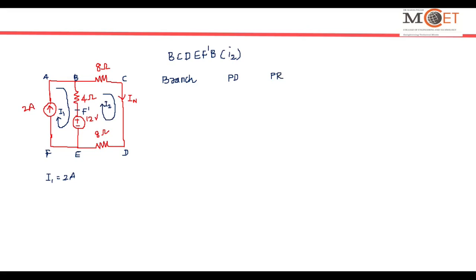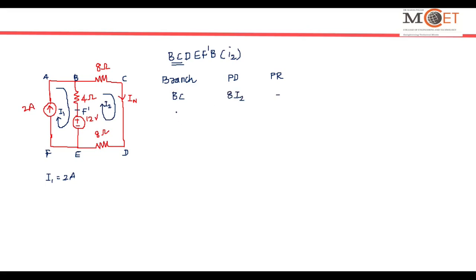Let me first take the BC branch. I am moving from B to C, and current is also moving in the same direction. I2 is flowing from B to C, so this is a potential drop. So 8 I2 is a potential drop and there is no potential rise.